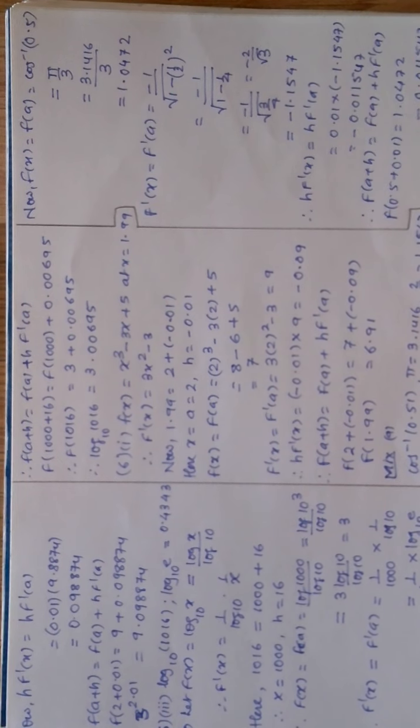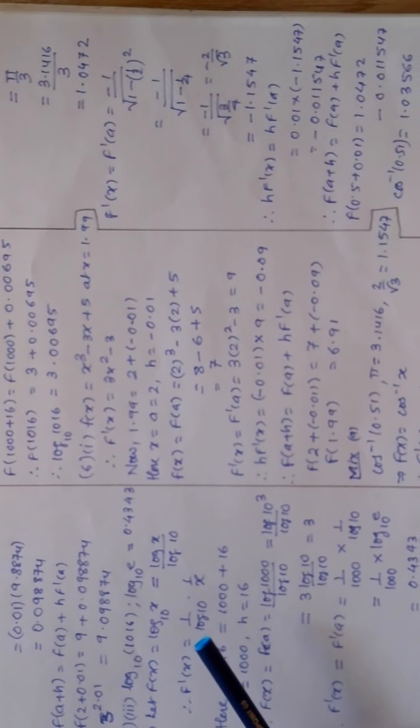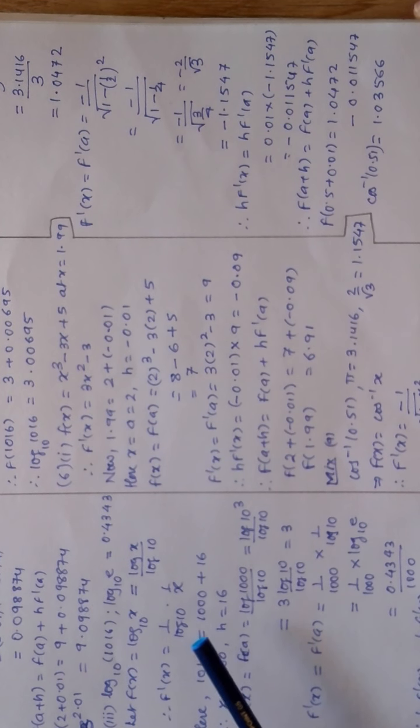So it will be approximately 1.03566. So therefore this is your cos inverse 0.51's approximate value. Okay, I think so you are not able to see. Yes, now you can be able to see. Just have a look. So you got the final value after subtraction to be around 1.03566.